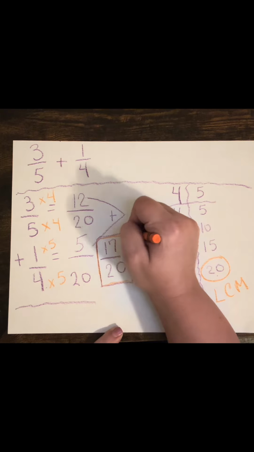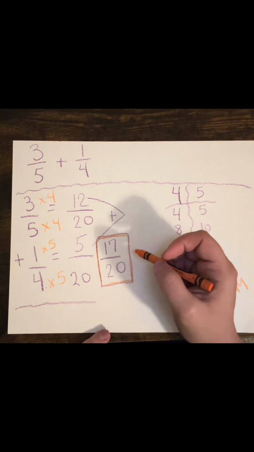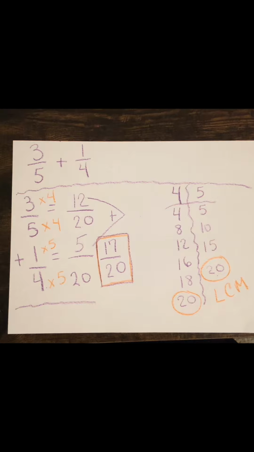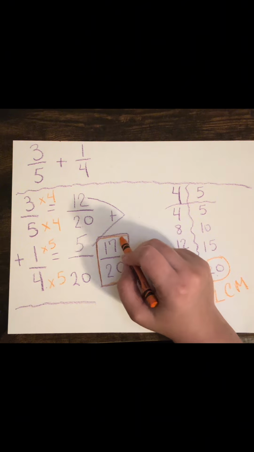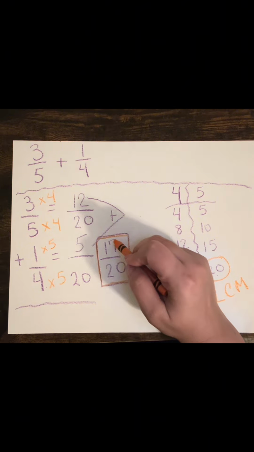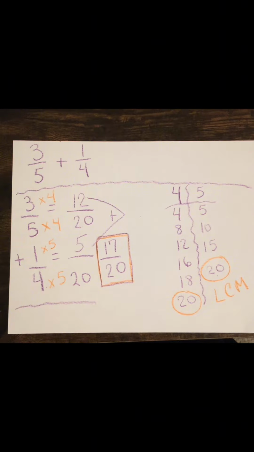So when we look at our final answer, 17/20, we need to ask ourselves, do we need to simplify this or no? So let's look at it first. This fraction has a numerator that's smaller than the denominator, right? The top number is smaller than the bottom number. So this is a regular fraction. So then the next thing we ask ourselves is, do the 17 and the 20 have any factors in common?